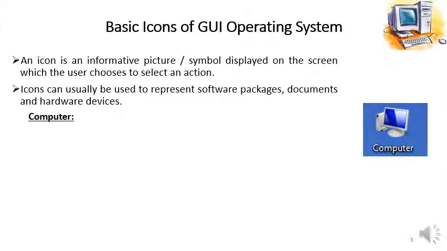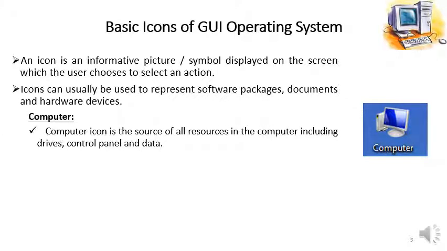First of all, computer. In Windows 7 we will have this type of computer icon. Computer icon is the source of all resources in the computer, including drives, control panel and data. So this is the source of all the other resources of the computer system.